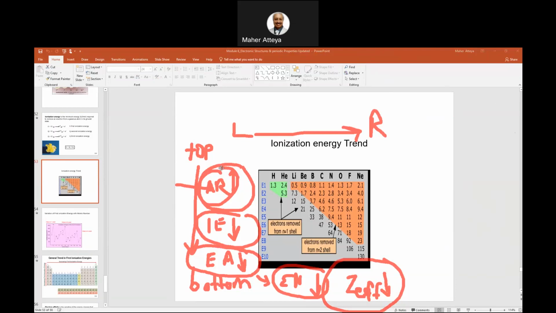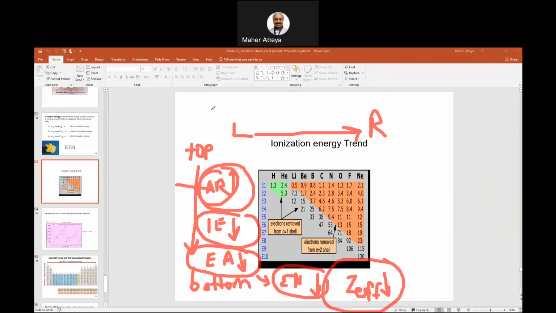So atomic radius from top to bottom will increase. However, ionization energy, electron affinity, electronegativity, and effective nuclear charge will go down, correct?